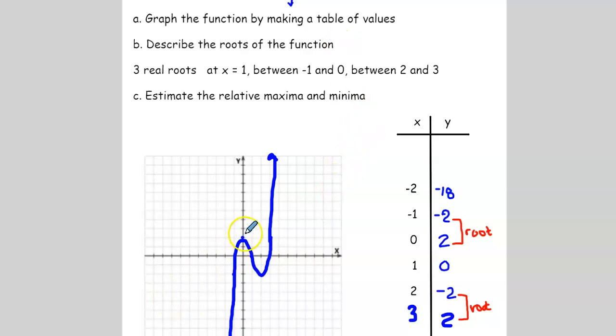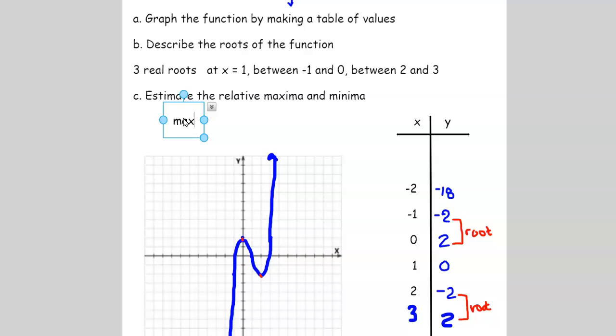This is where you want to look for that top point and bottom point. Where are those turns? Again, these are estimates to a certain degree, so we're just going to go with our ordered pairs where we made those turns.